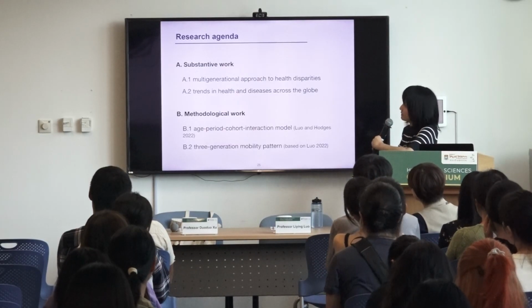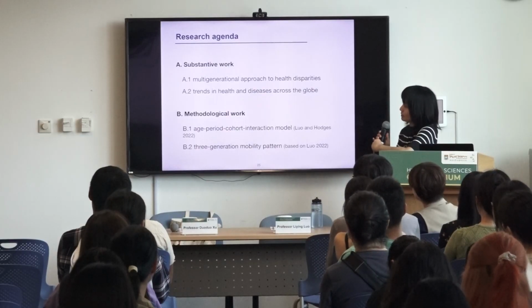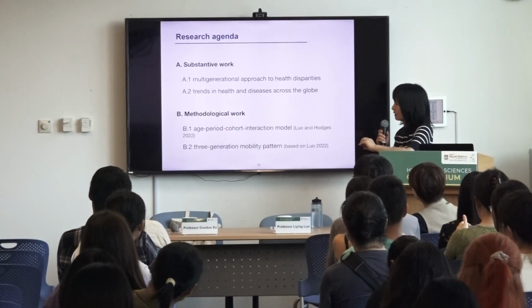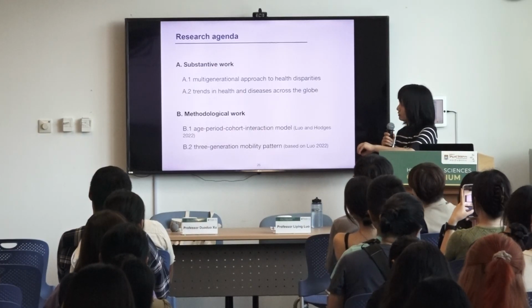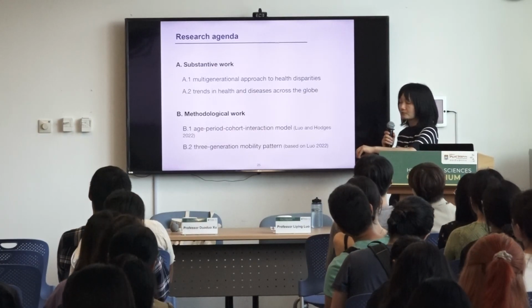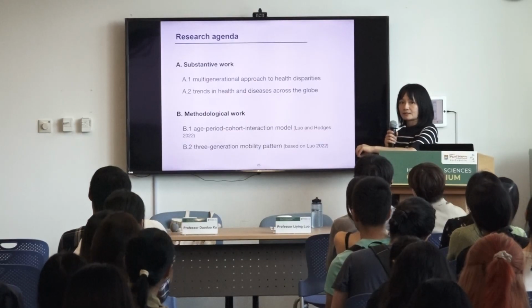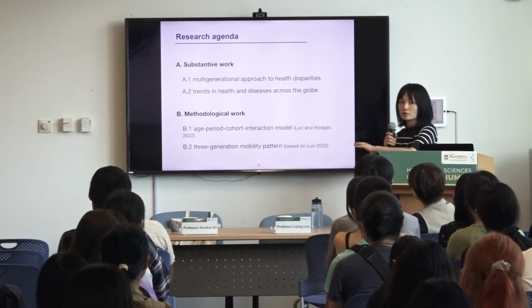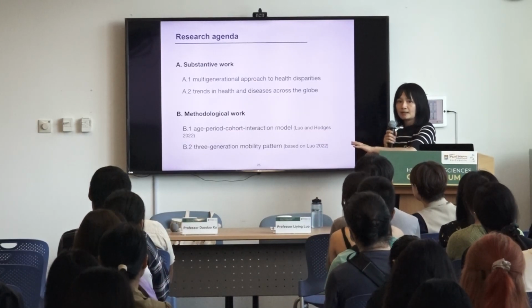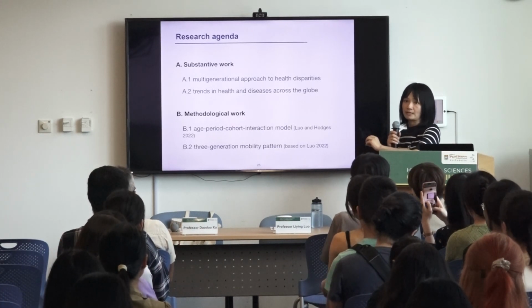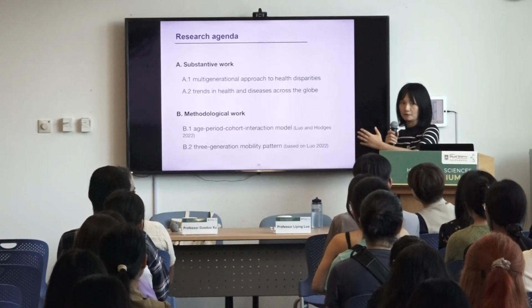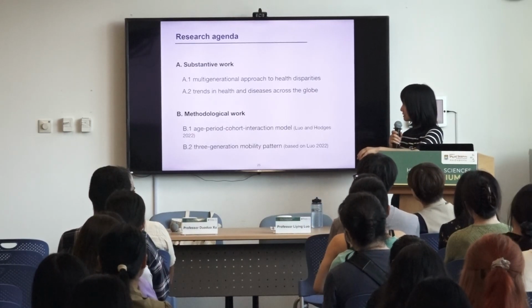Besides these substantive topics, I'm also very interested in methodological work. For example, I recently proposed a new age-period-cohort interaction model that allows us to identify the unique contributions of different cohort memberships, different ages and time periods to the observed trends in all kinds of health conditions and diseases.